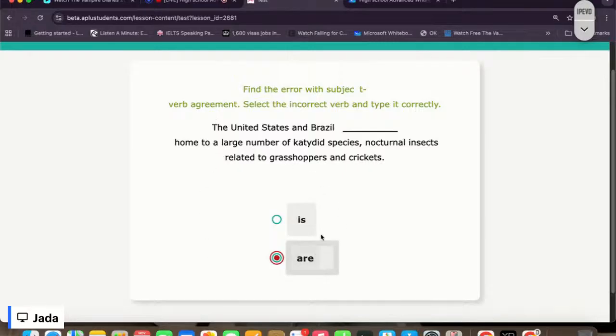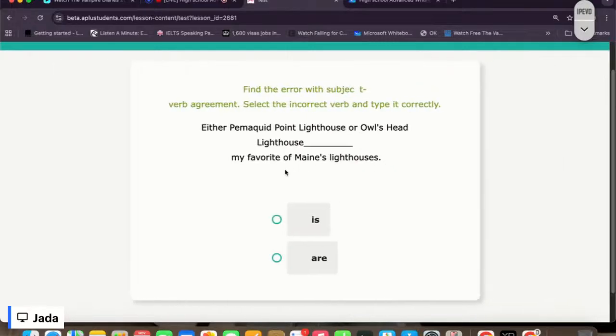So we have are. Then either Pemaquid Point's lighthouse or Owls Head Lighthouse dash my favorite of Maine's lighthouses. Is or are?